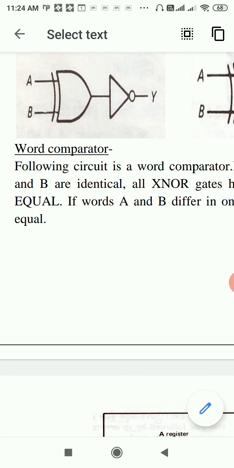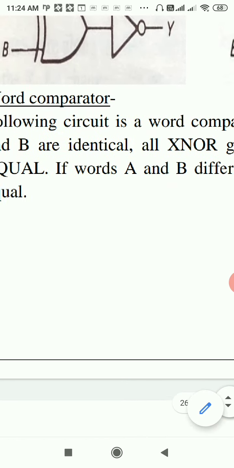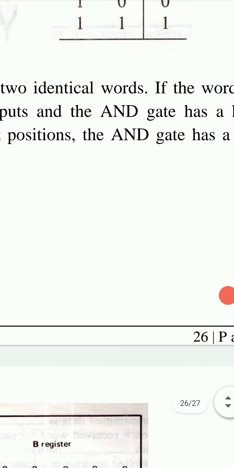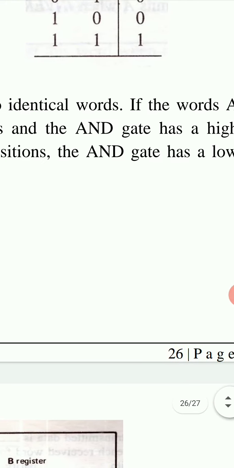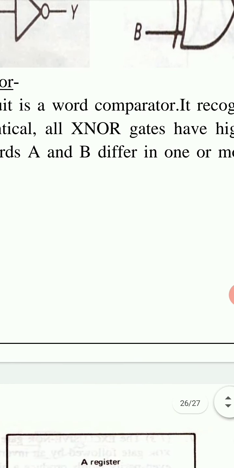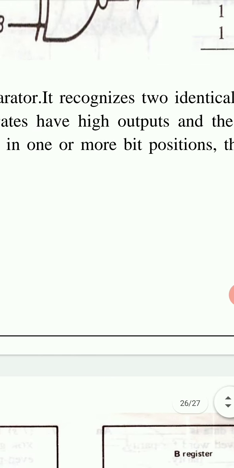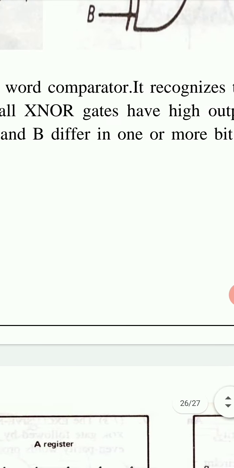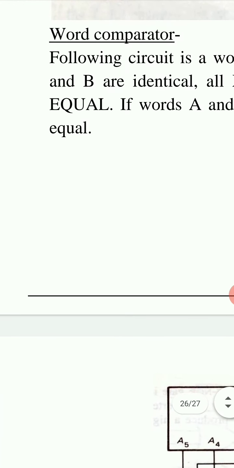Next topic is word comparator. Following circuit is a word comparator. It recognizes two identical words. If the words A and B are identical, all XNOR gates have high outputs, and the AND gate has a high equal.